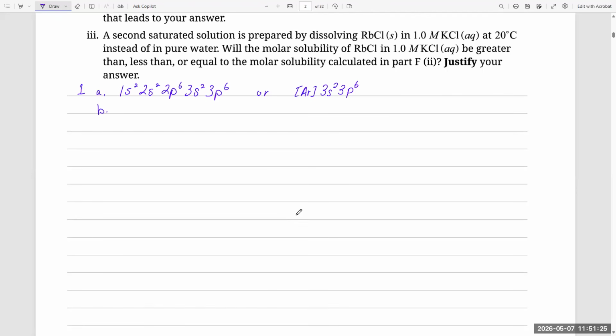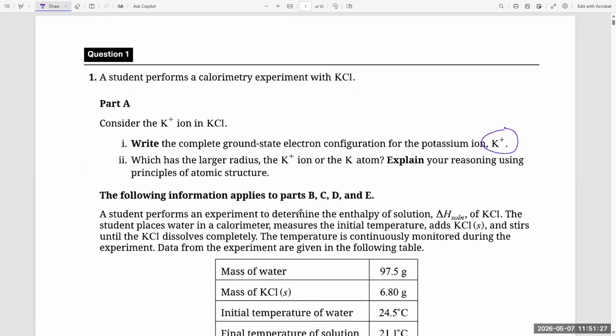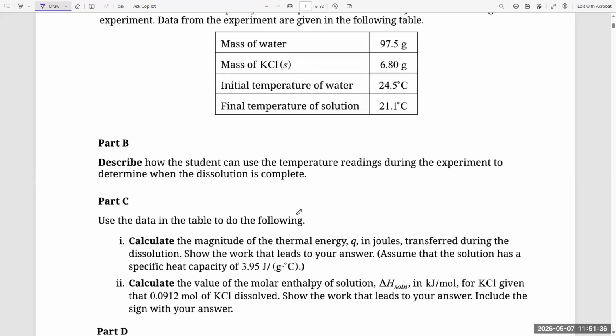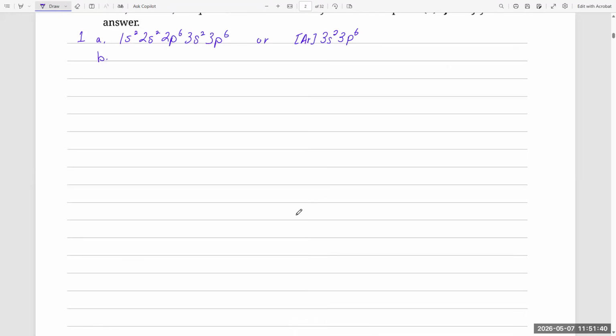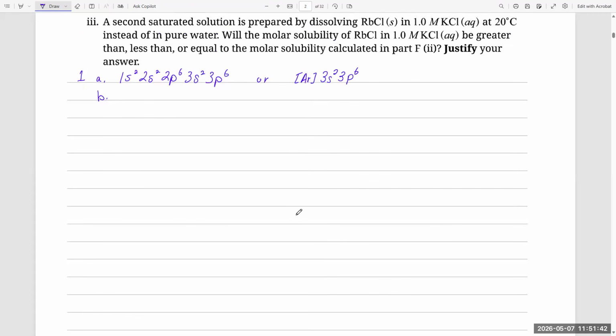To go to part 1B, which has a larger radius, the K plus ion or the K atom? Explain your reasoning using principles of atomic structure. So what is the difference between the two? The difference is that the potassium atom ends with its lone valence electron in the 4s subshell. So you would start your explanation with your answer.